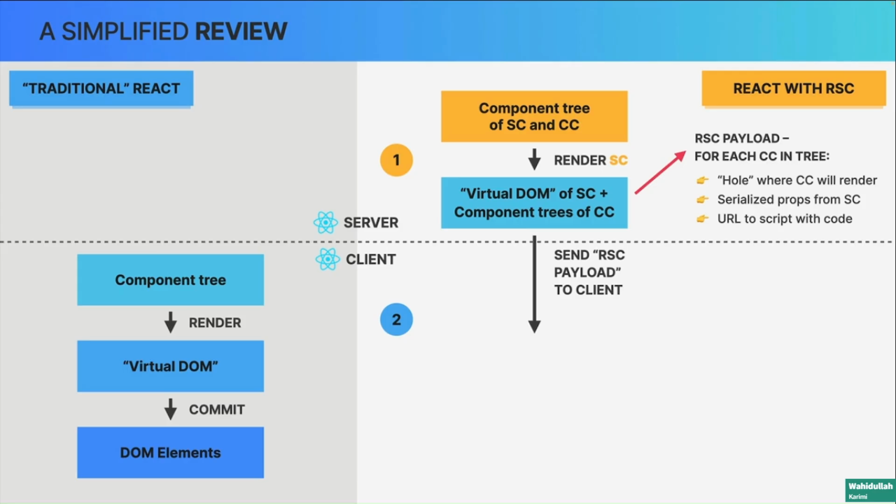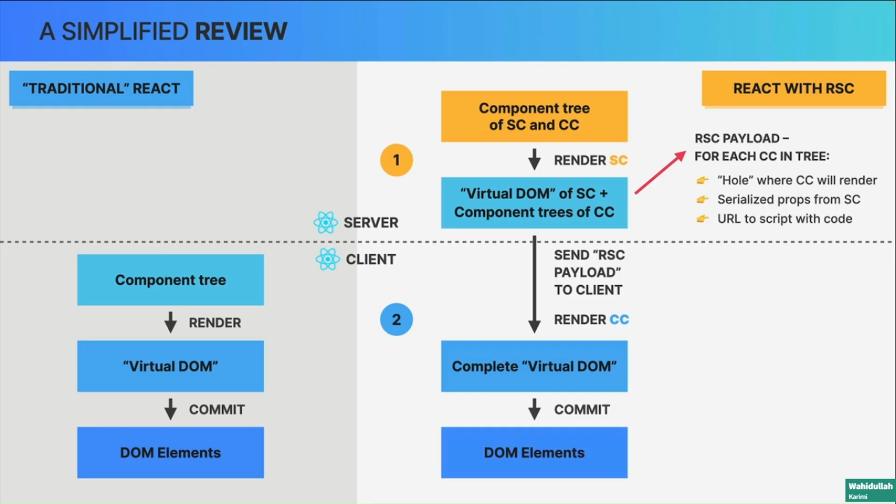So in step 2, it's time to now also render the client components. As a result, React will now have the complete virtual DOM ready to be committed to the actual DOM. So again, these last steps are exactly the same as in traditional React. And in fact, the entire process is not that different.